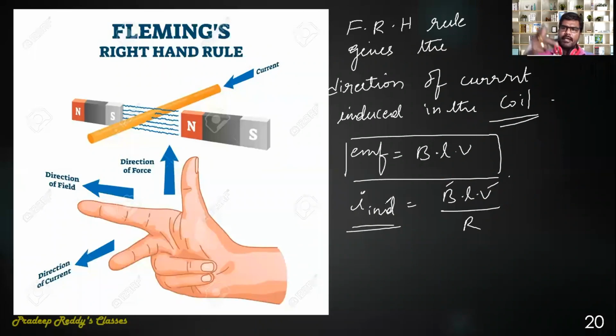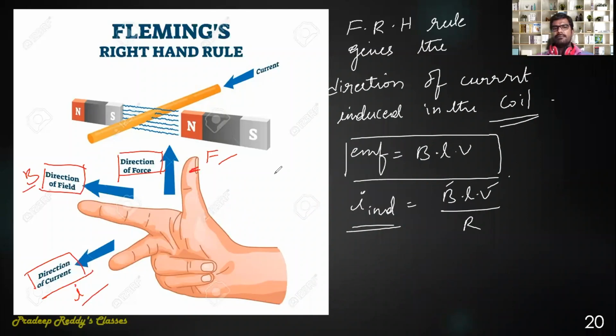So you can just use the right hand rule, and in this right hand rule, as shown in this diagram, the thumb represents the direction of the force, the index finger represents the direction of magnetic field, and the middle finger represents the direction of induced current I. So F, B, I gives the direction of force, magnetic field and induced current within the coil, and you can use the right hand rule whenever we are applying the formula BLv.